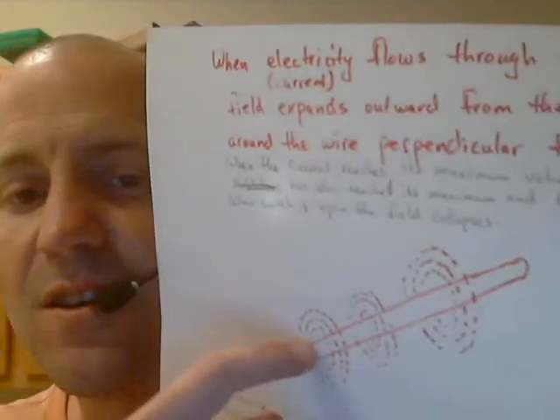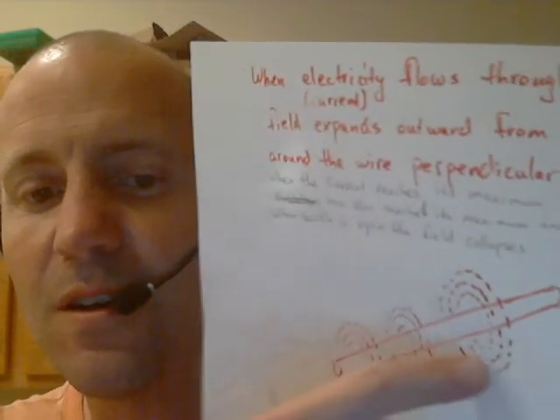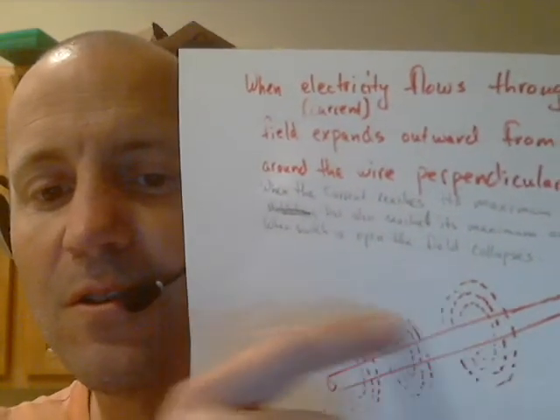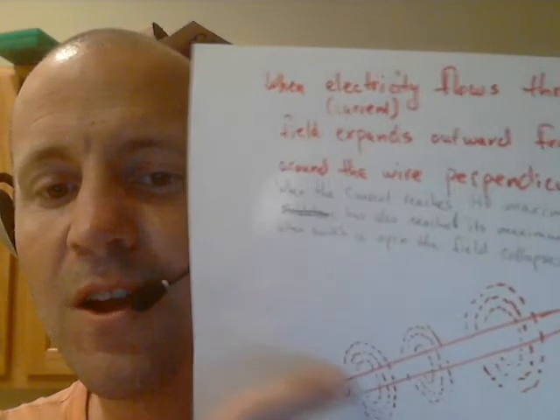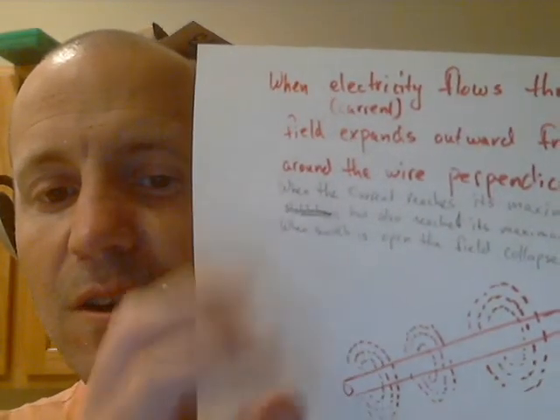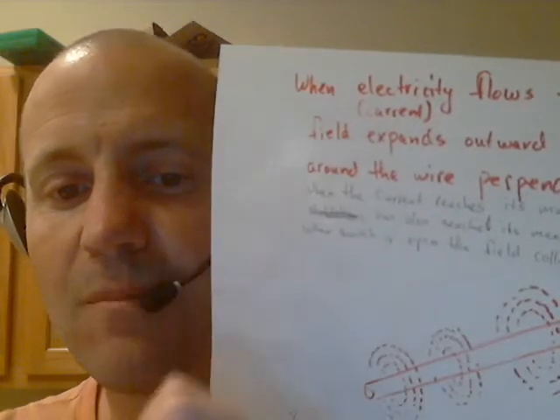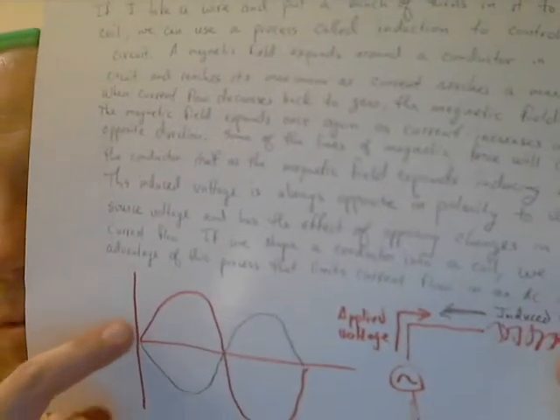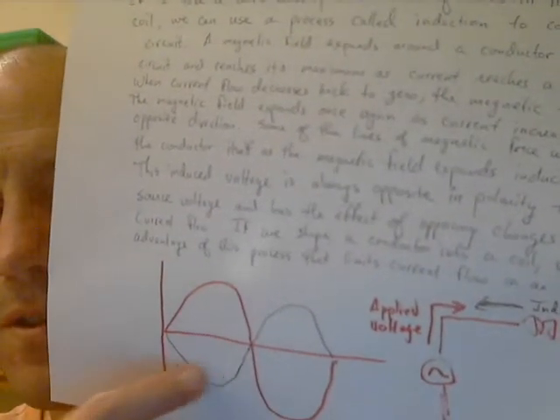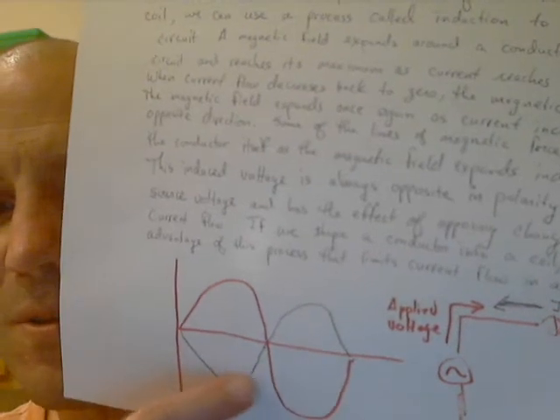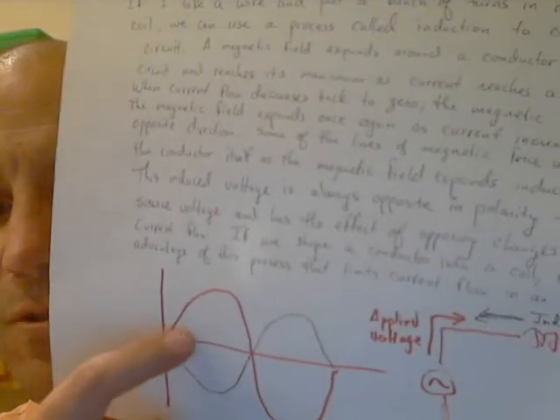And remember, in an AC circuit, because the current is continually changing directions, this magnetic field is continually expanding and collapsing, and that's inducing a voltage each time it does that. We talked about how when you have a coil in a circuit and it induces a voltage, that voltage always has an opposite polarity to the source voltage.